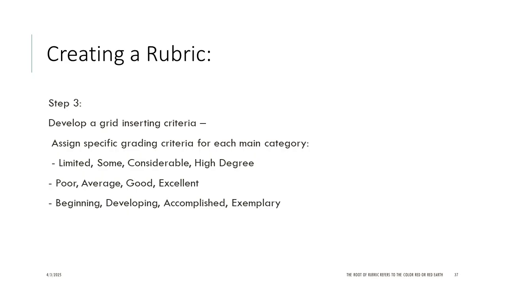I'm going to say limited, some, considerable, high degree, or I'm going to use the words poor, average, good, excellent, or beginning, developing, accomplished, exemplary. I'm going to choose among different vocabulary according to the rubric that I want to create.